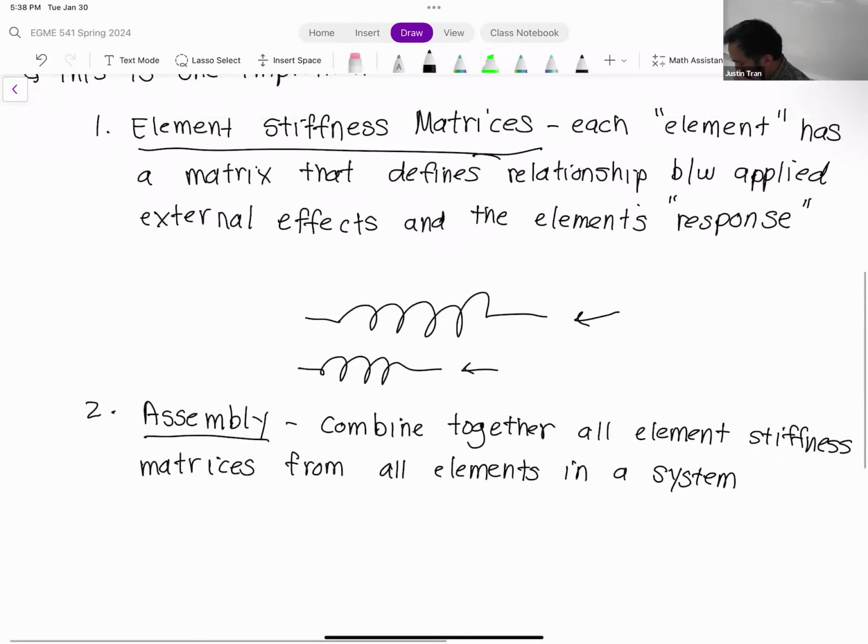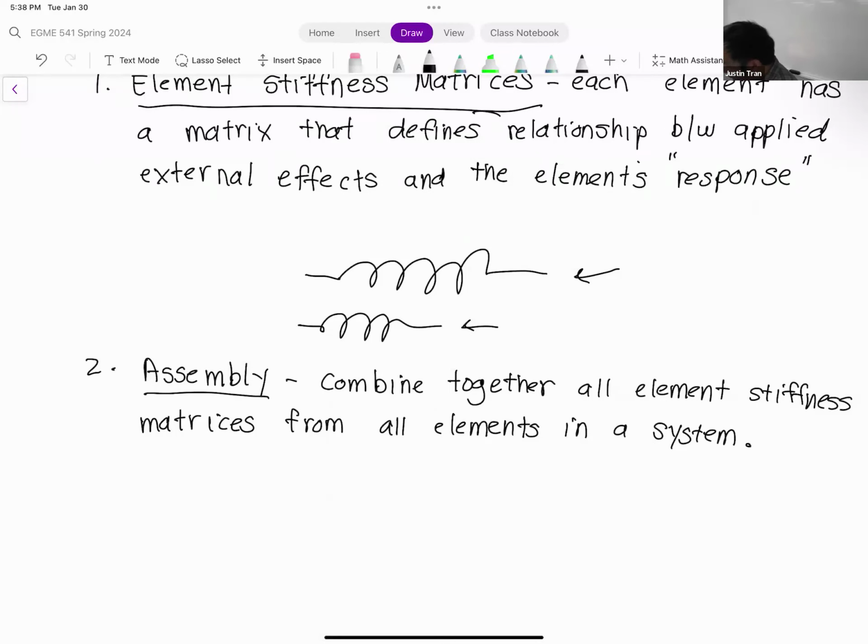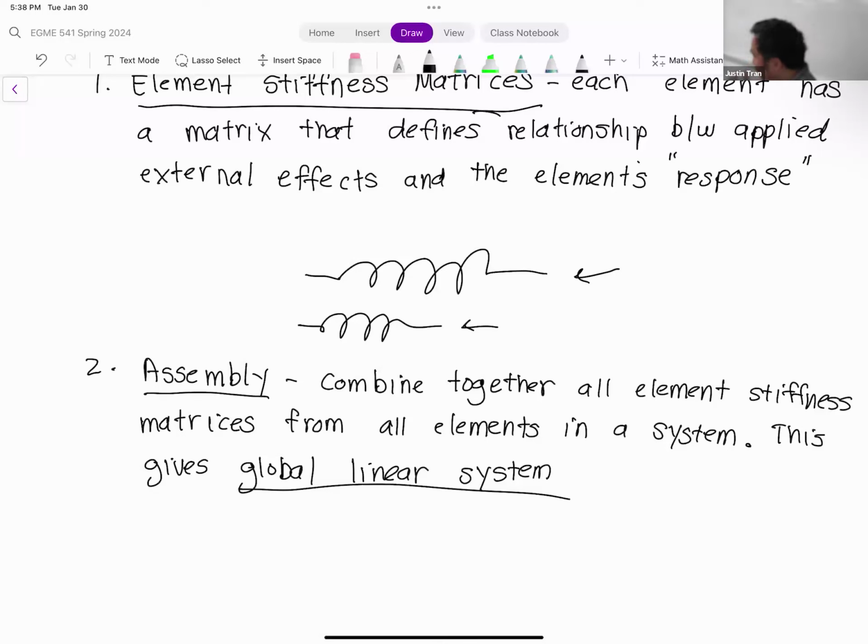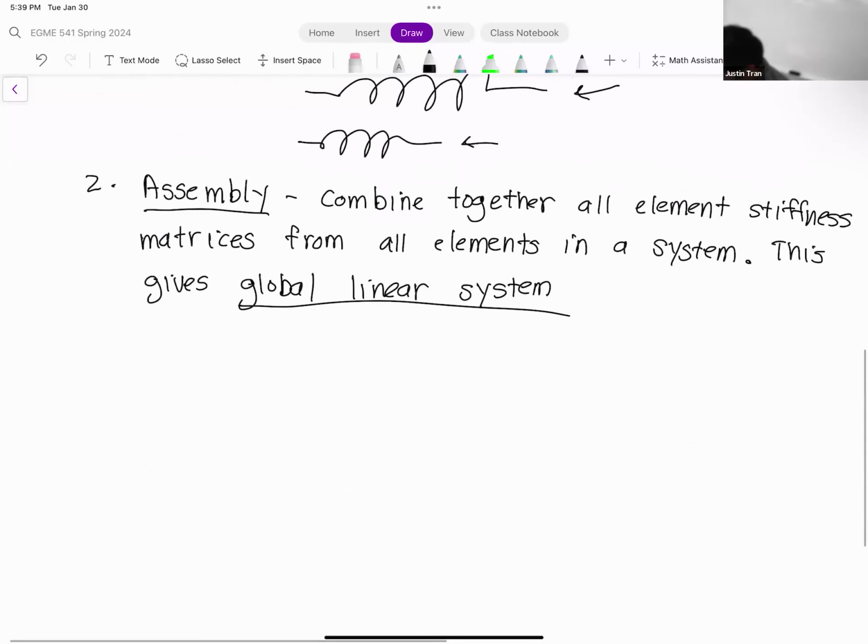What you get at the end of assembly is one gigantic linear system, which I often call the global linear system. The idea is to get one big set of equations, a linear set of equations that you can solve for the solution.